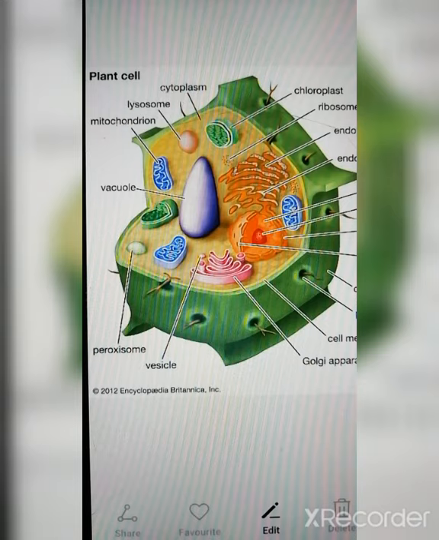Put the onion peel in this solution and keep it for about half an hour. Keep a piece of onion peel on the slide and wash thoroughly with water, so the Janus Green B solution is removed. Cover the slide with a cover slip and observe it under the microscope.